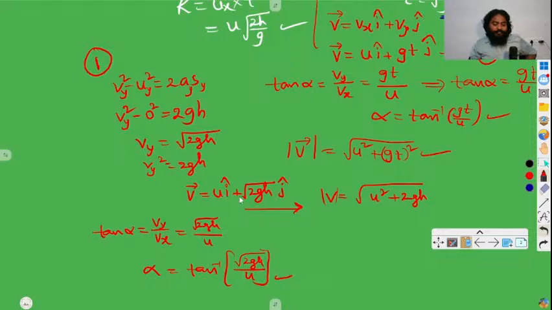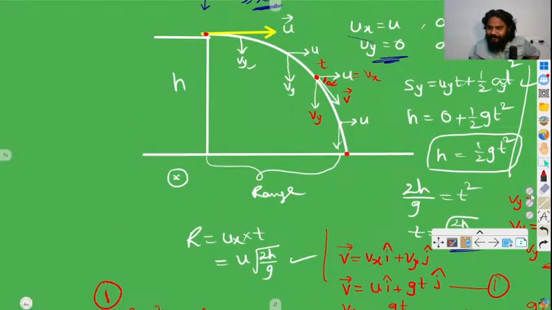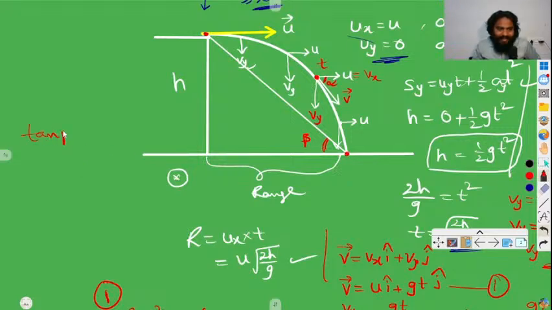And next, one more important point. Just imagine a straight line from here to here. This is called the displacement, and this displacement is making an angle beta. If they ask about this beta, from the diagram it's very clear that tan beta equals opposite by range.